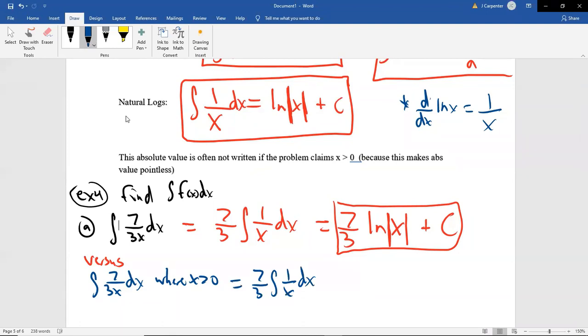Me personally, I go straight to the end. I just say, oh, I have a single x in the bottom. That's that weird exception to the power rule. When I get a natural log, the 7 and the 3 just stay out front. So 7/3 natural log of x plus c. I don't need the absolute value because I was told x is positive. When you put positive numbers in an absolute value, there's no effect.